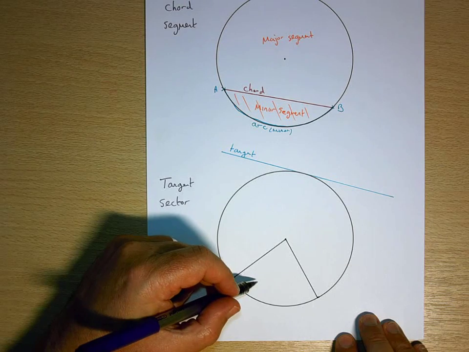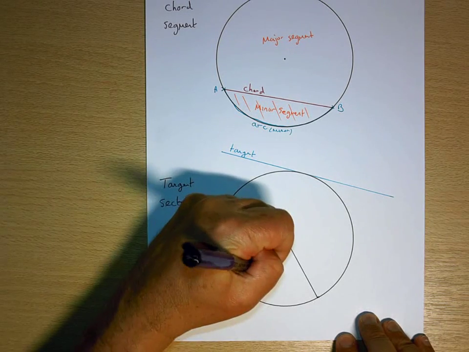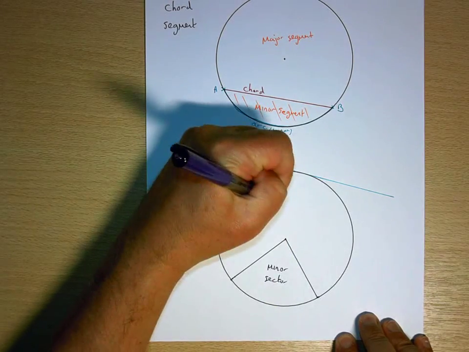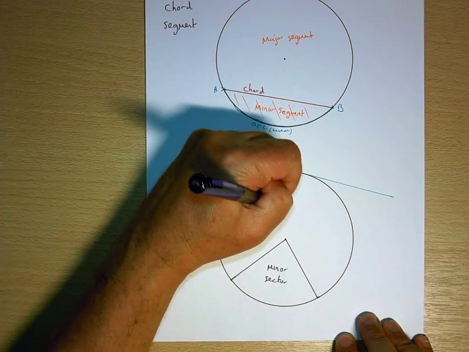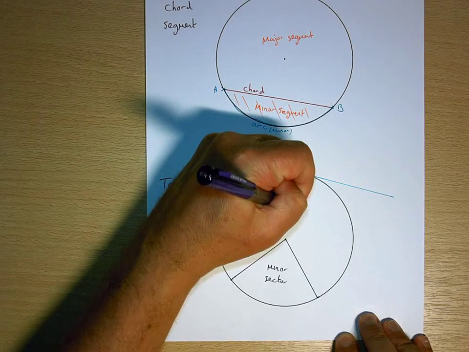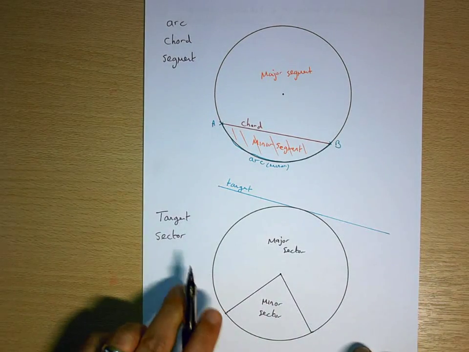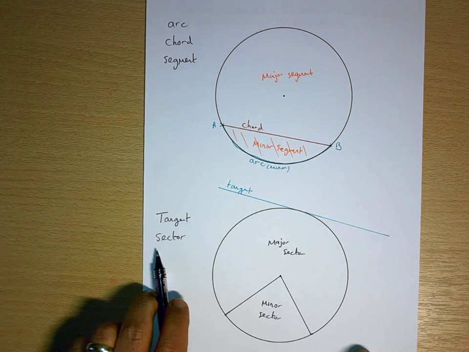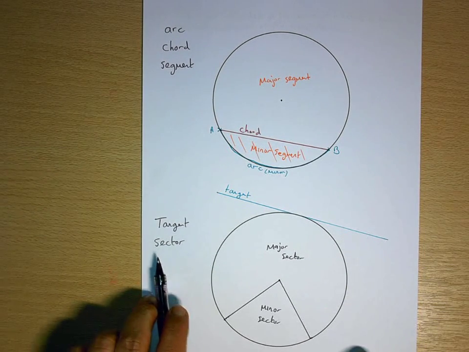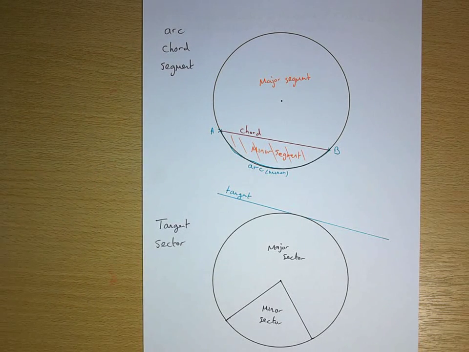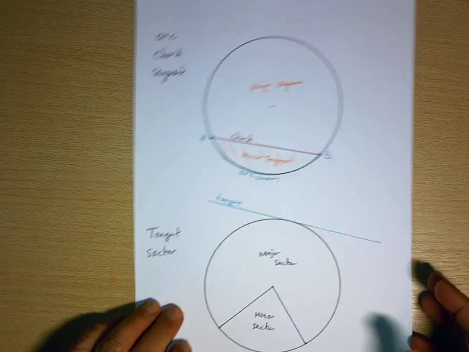That would be the smaller sector, so the minor sector, and the big bit that's left would be the major sector. So the word sector isn't used when we're talking about circle theorems, but all the other terms there, arc, chord, segment and tangent, we will be meeting when we look at these circle theorems.